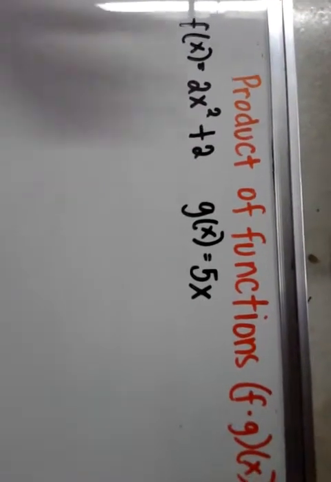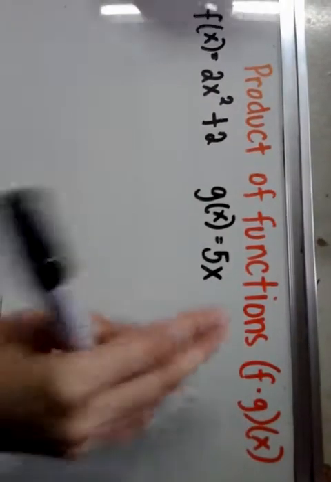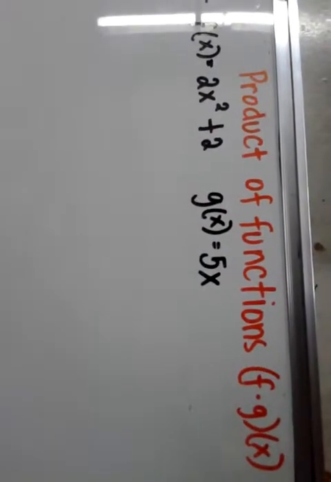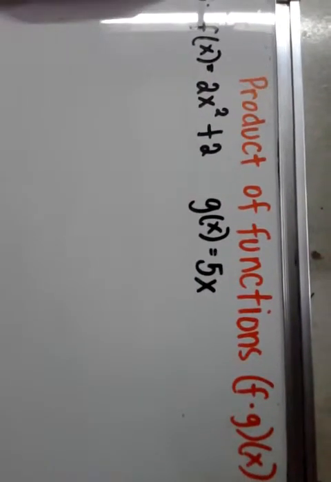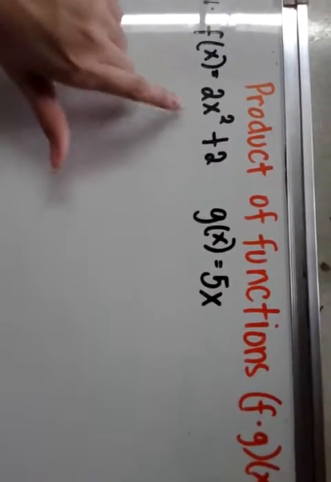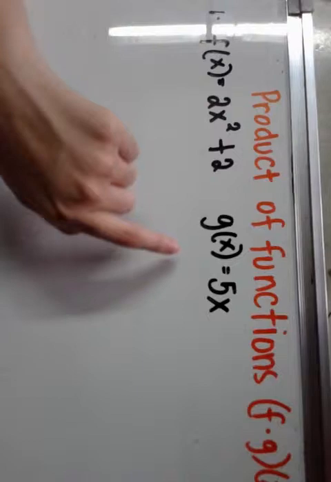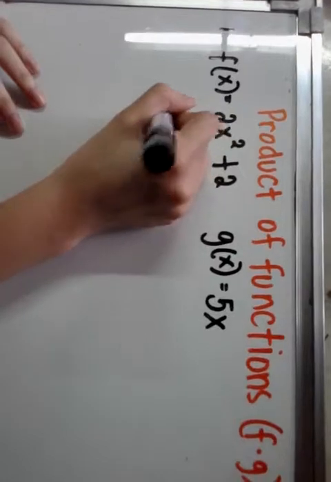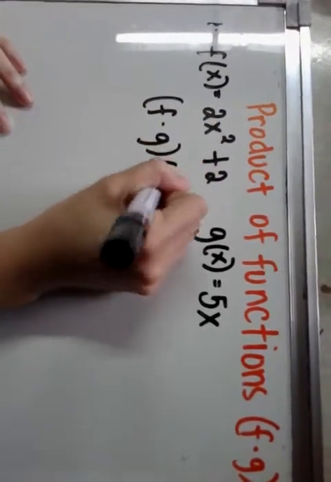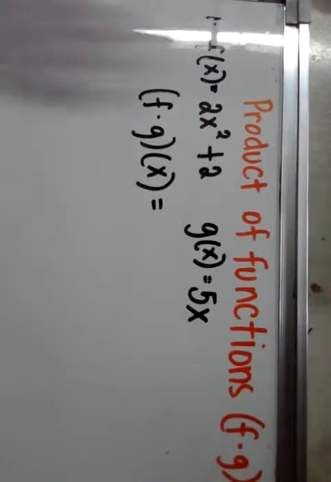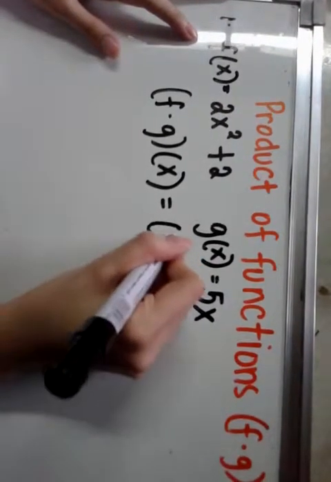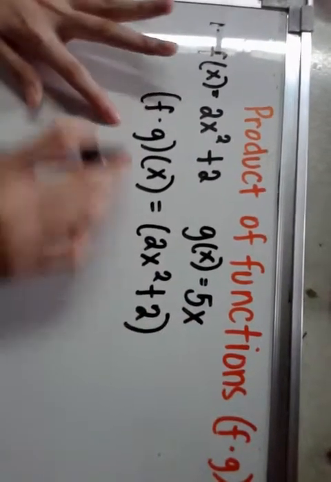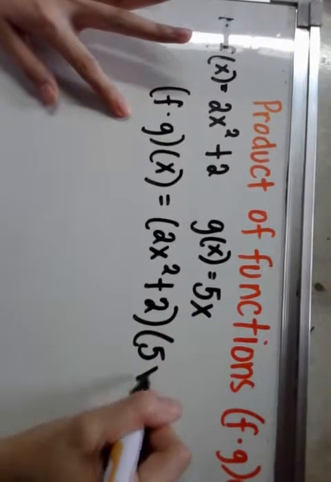So now let us find the product of functions. So the formula for this is f times g of x, and so let us have our first example. Here f of x is equal to 2x squared plus 2 and g of x is equal to 5x. So first again copy the formula, f times g of x is equal to, copy the equation of the f function, 2x squared plus 2, and then copy the equation of the g function, which is 5x.